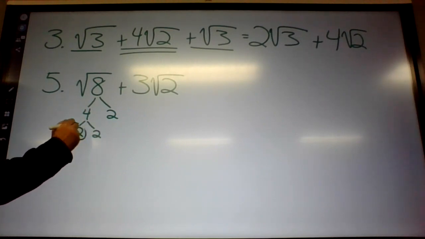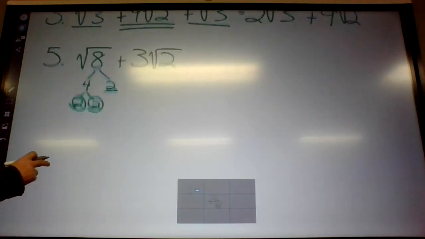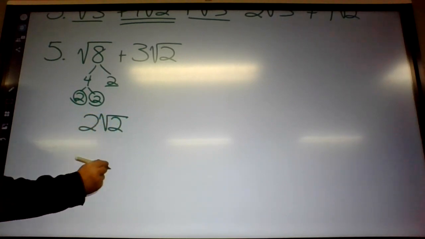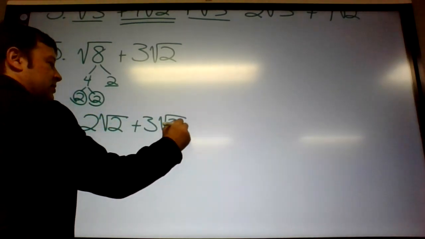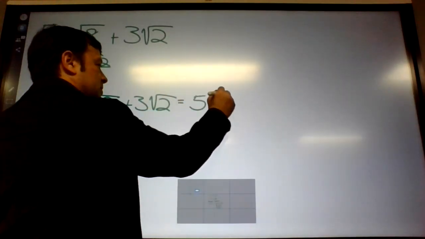There's a double 2 and a leftover 2. So square root of 8 is 2 square root of 2 plus 3 square root of 2 is what, Sophia? 5 square root of 2.